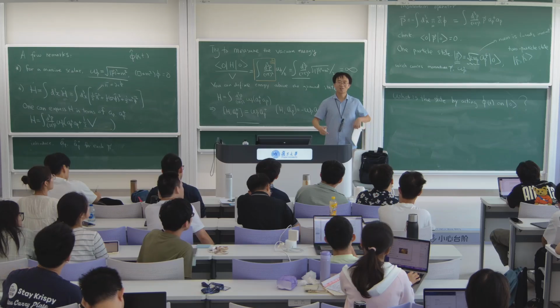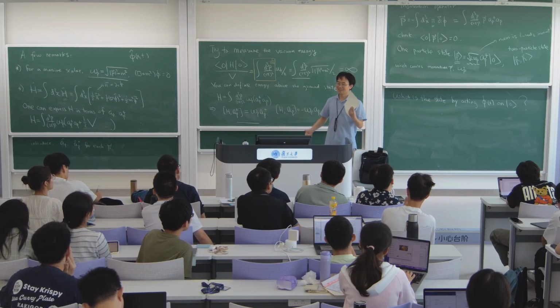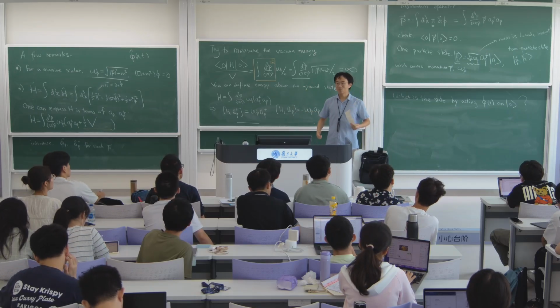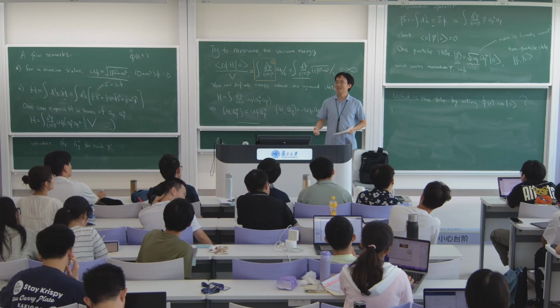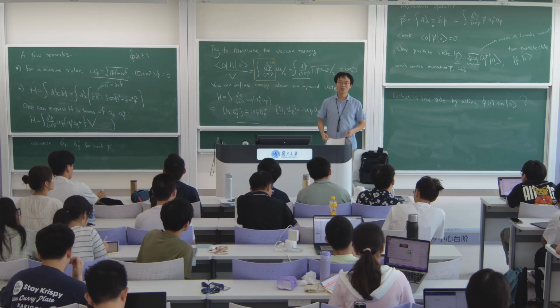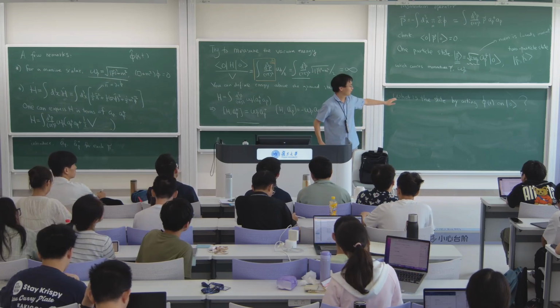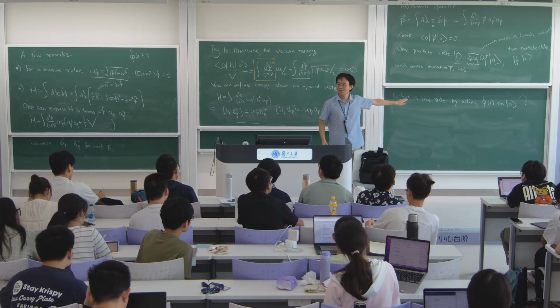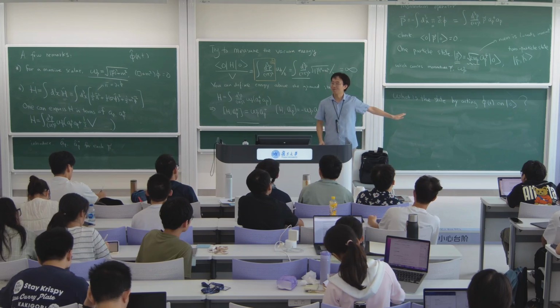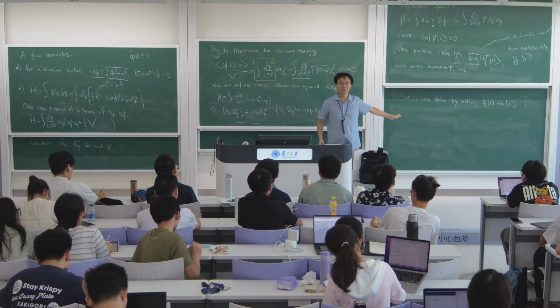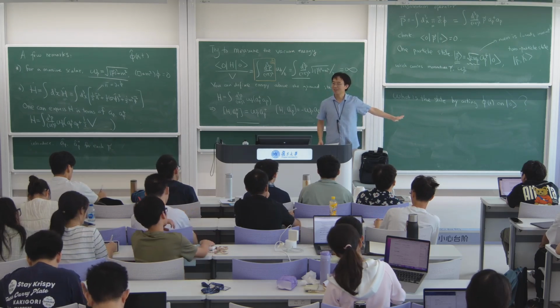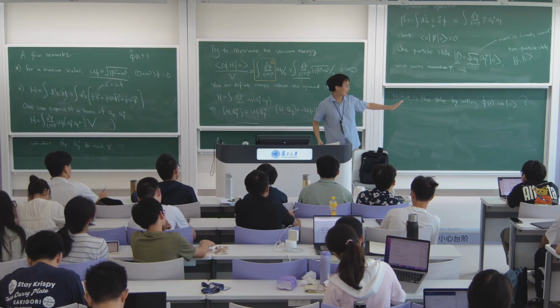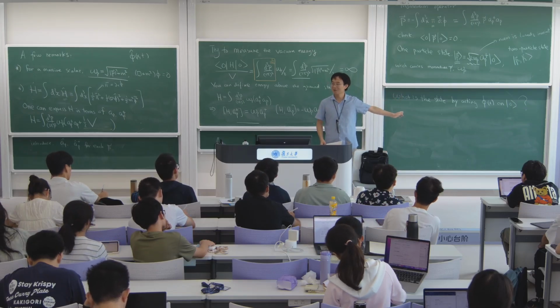I was telling you, switching to momentum space to explain things. But I can also insist in this way, because now phi is already an operator. Once you have an operator, you can always act on the vacuum. Now the question you can ask is, what is the state you get this way?